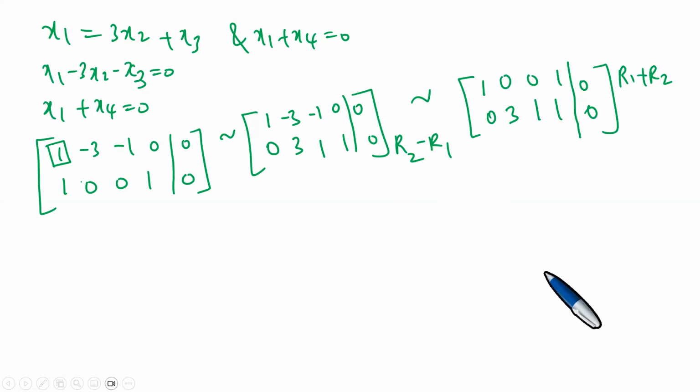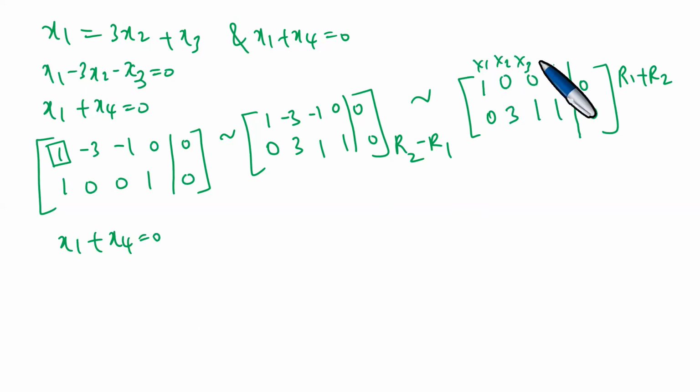That means at this point you can see that x1 plus x4, because this is the x1 column, x2, x3, x4. x1 plus x4 is 0, 3x2 plus x4 is 0.